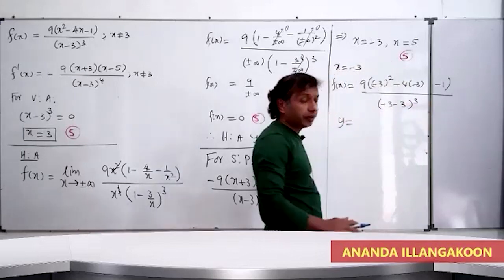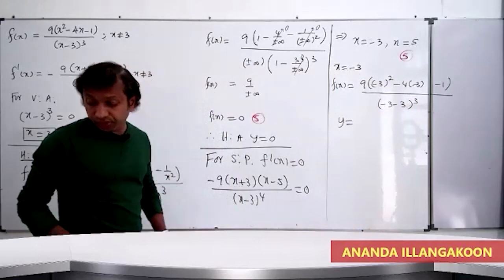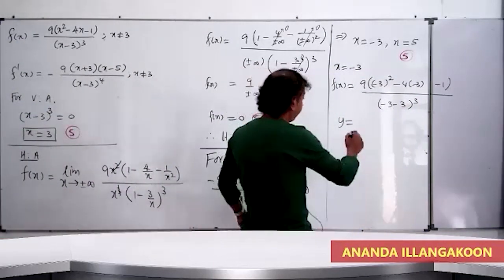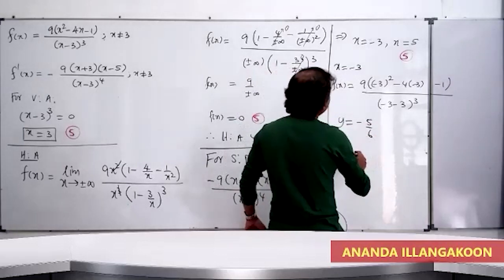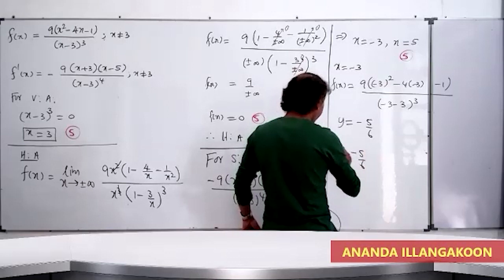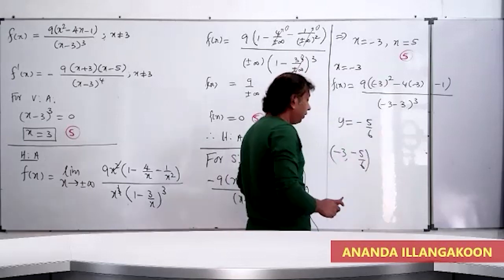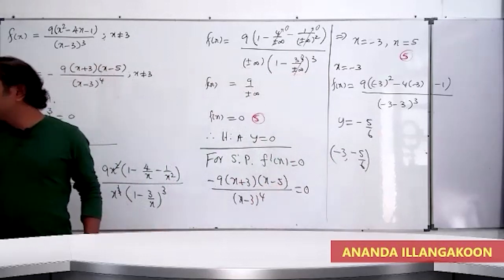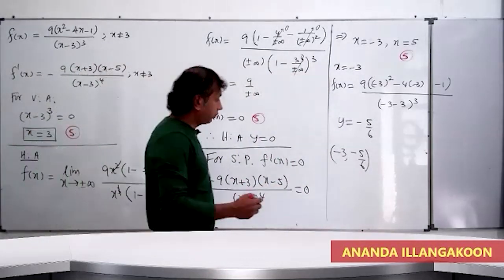We get the y coordinate when x equals minus 3 as minus 5 by 6. Then one stationary point is (minus 3, minus 5 by 6). Finding this y coordinate gives 5 marks.